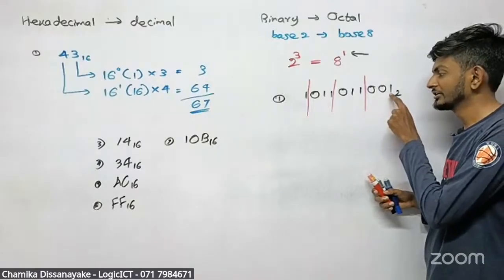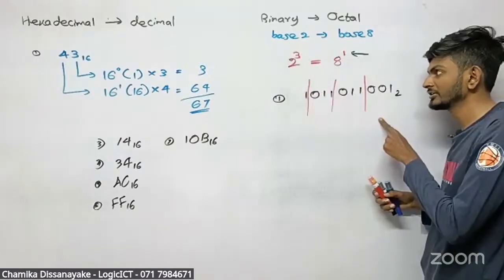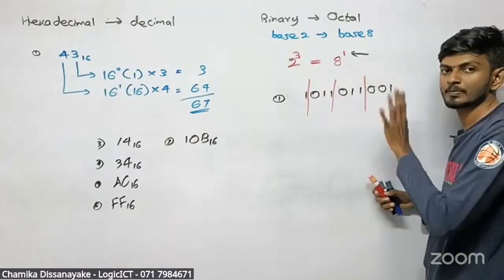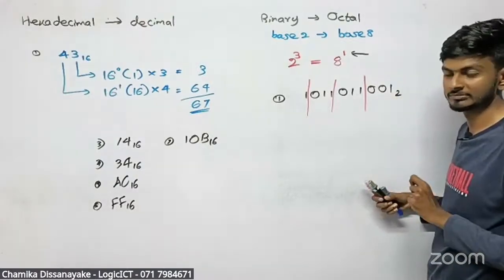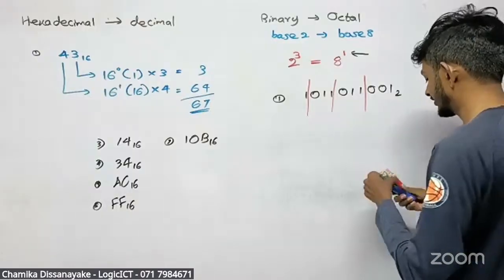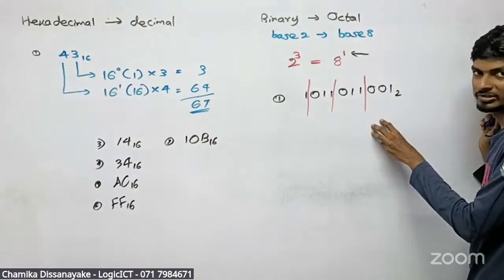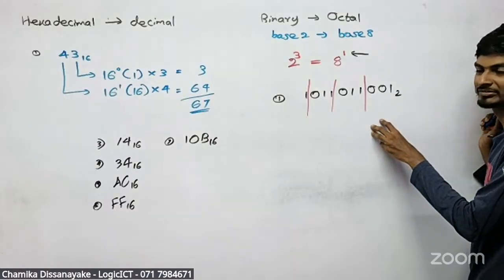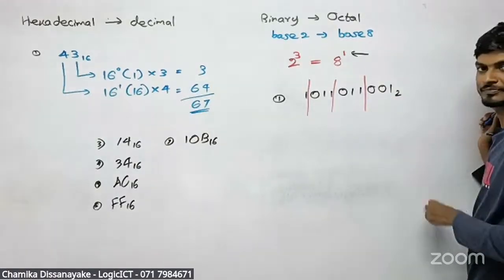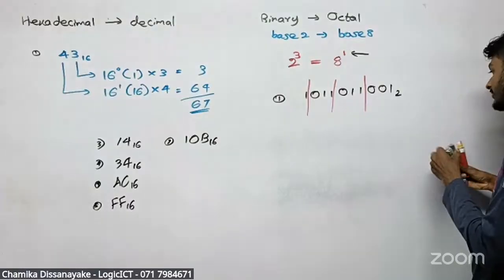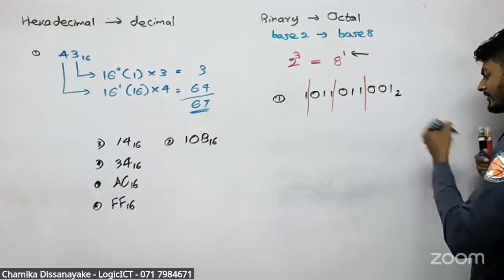Here you can see 3 digits of the binary number system. We can write 1 digit of the octal number system. So here we have 3 digits, we are going to write 1 octal number. Actually, guys, we can just convert this binary value into decimal. How can we convert into decimal? 0, 1, 1.